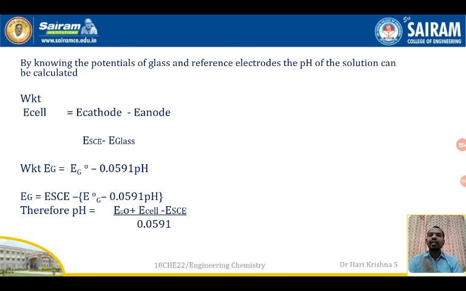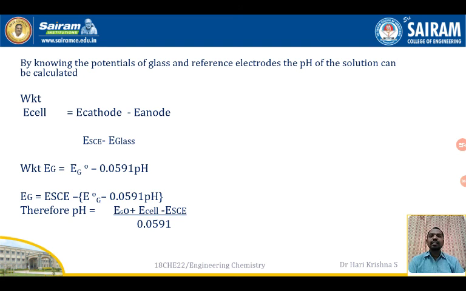Since we want to determine the pH, we equate this entire term to pH. Then pH equals Eg naught plus E cell minus E of the standard calomel electrode, divided by 0.0591. Eg naught is constant. What is Eg naught? It is the sum of the internal reference electrode potential, that is the silver electrode potential, the asymmetric potential, and K. So it is constant.